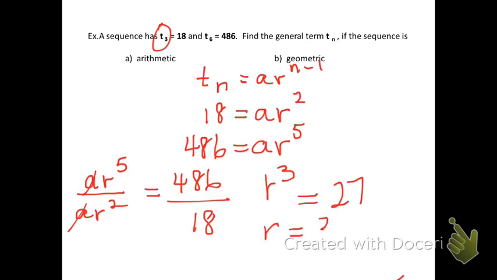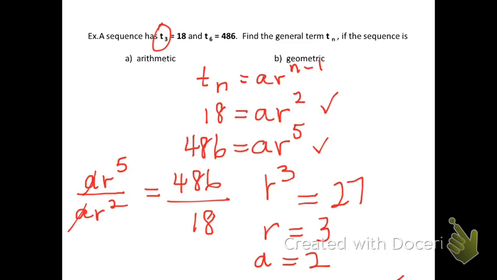and so r must be equal to 3. And then when we sub that back into either one of these expressions, the first one is easiest, r squared would be 9, 18 divided by 9 is 2, and so we have an answer of a equals 2.